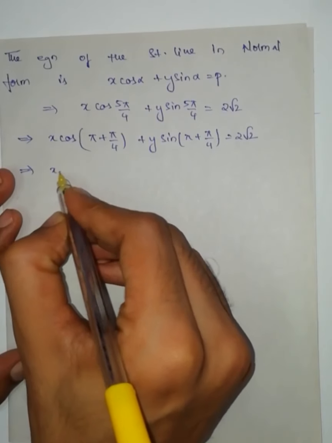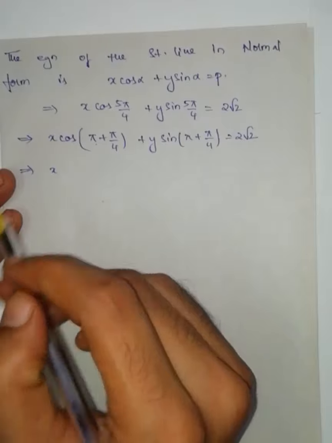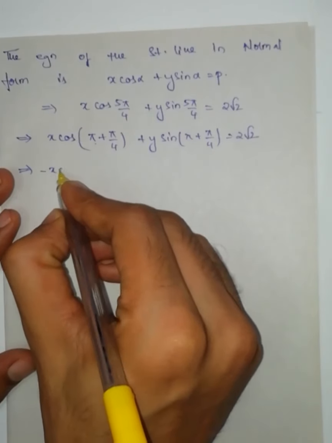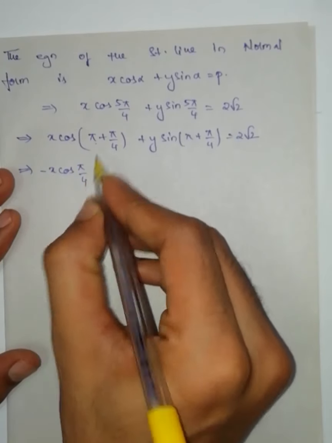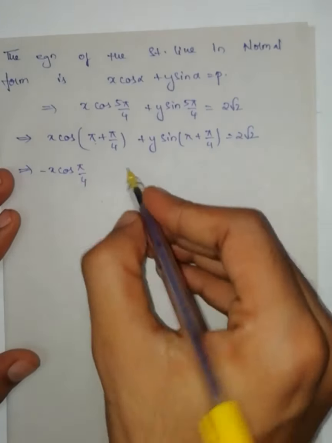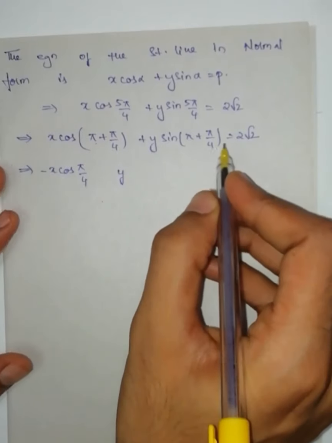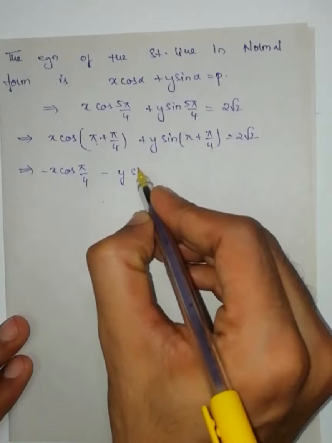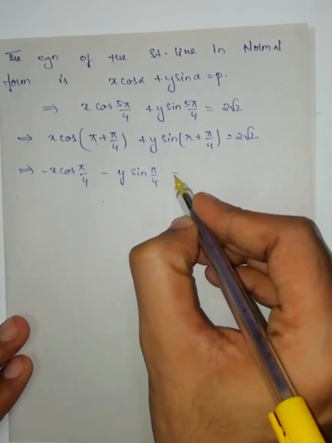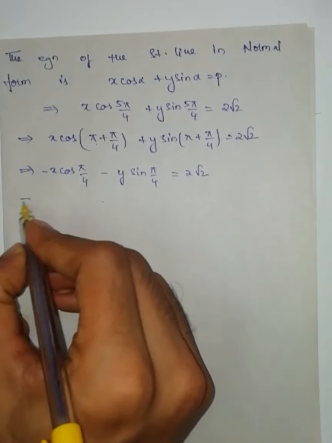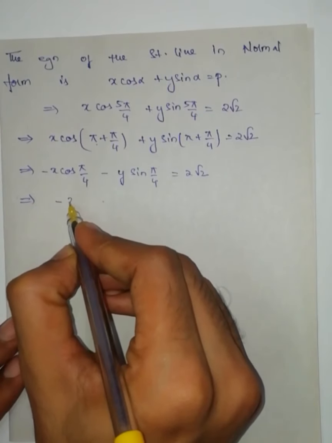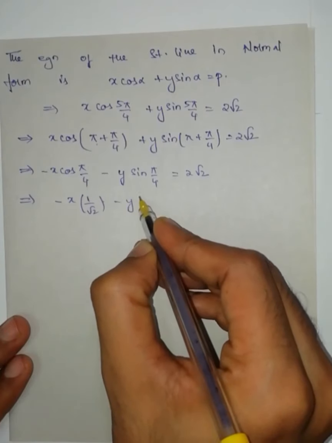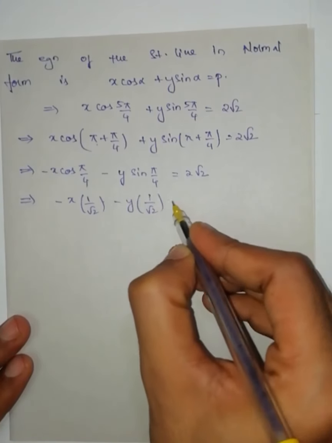This implies x cos (180 plus theta). Cos (180 plus theta) is minus cos theta because it is in the third quadrant. y sin (180 plus theta), in the third quadrant, again the sign is negative, sin pi by 4, is equal to 2 root 2. This implies minus x times cos pi by 4, whose value is 1 by root 2, minus y times sin pi by 4, whose value is 1 by root 2, is equal to 2 root 2.